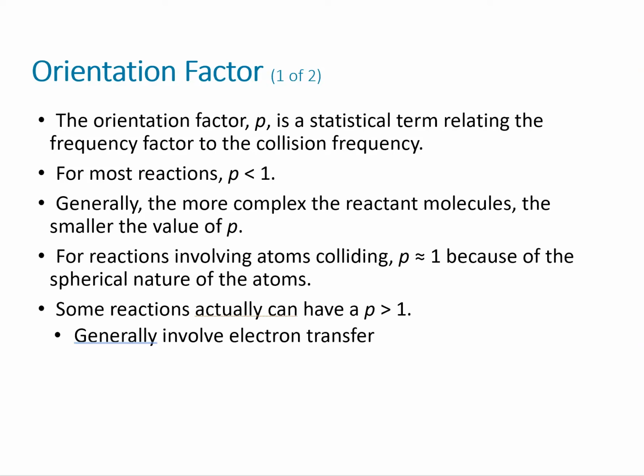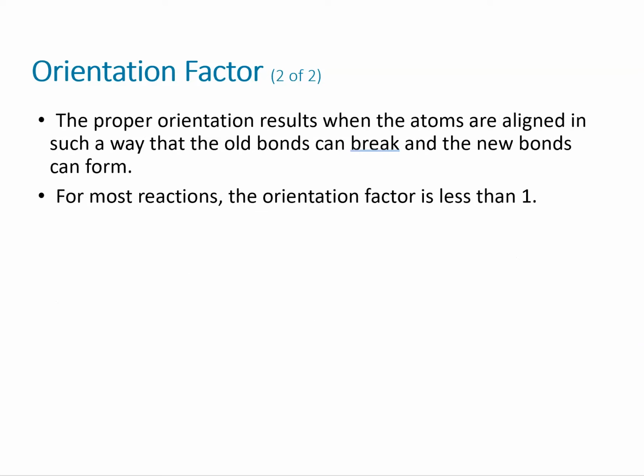But whenever you have two atoms bound together forming a molecule, P is going to be less than 1. Generally, more complex reactant molecules are going to have smaller values of P, because the incidence of having the proper orientation with larger, more complex structures is lower. That's pretty straightforward, and once again, this is a reiteration of things we've already said.